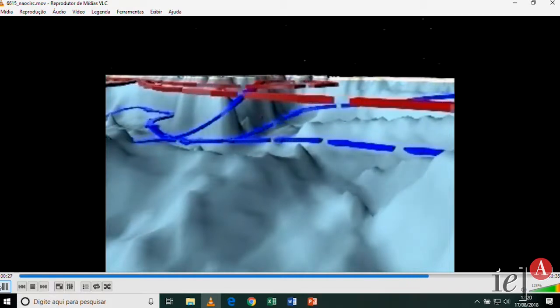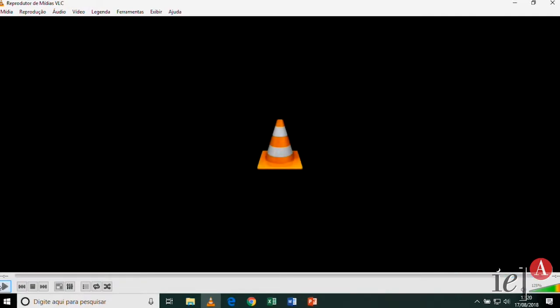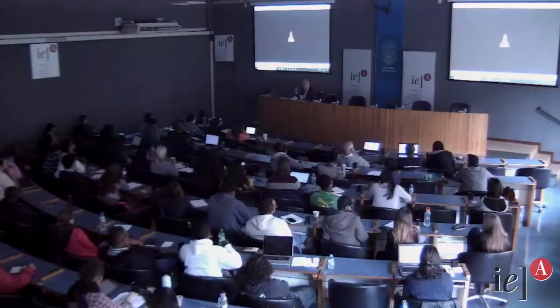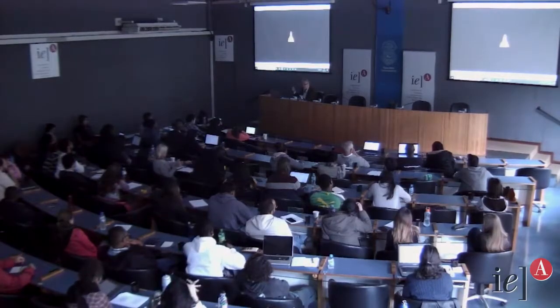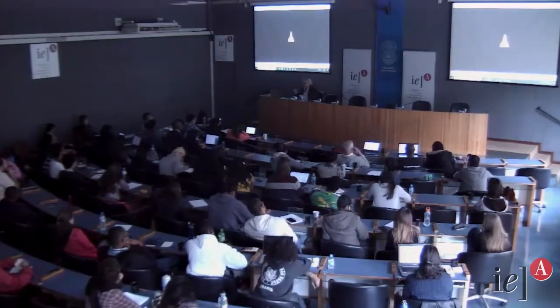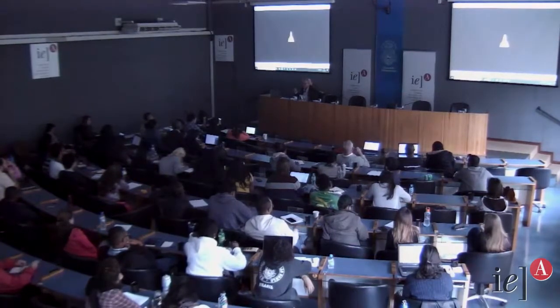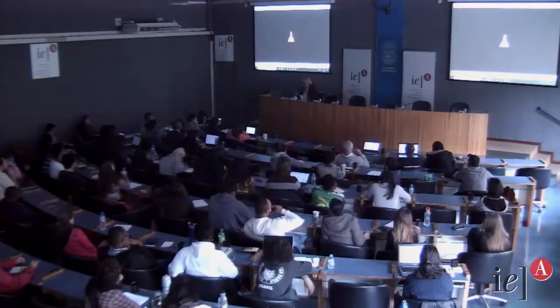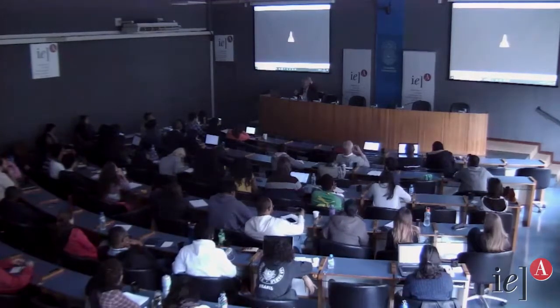If you go, for instance, to Calgary in Canada and measure the temperature and go along the same latitude to London in Europe, you're going to see a big difference in temperature. From Canada to Europe, the temperature gradient is very high.